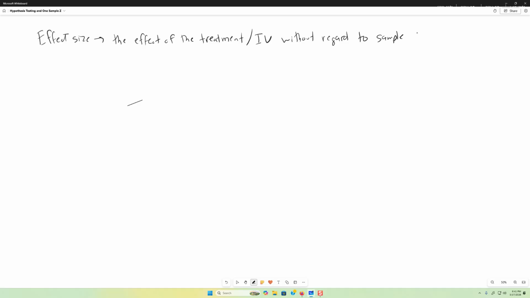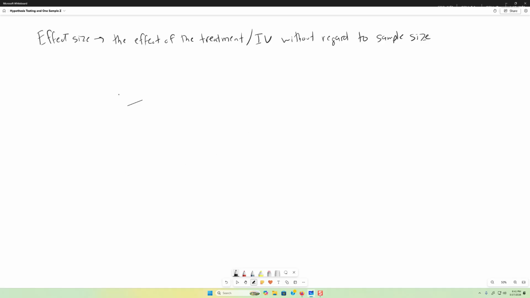So it's basically the effect of the independent variable not looking at sample size, the true treatment effect. The sample size can push things towards significance or away from significance, but effect size looks at the effect independent of sample size.